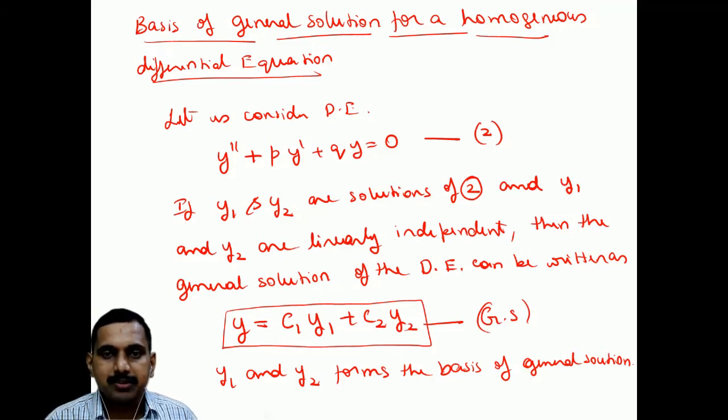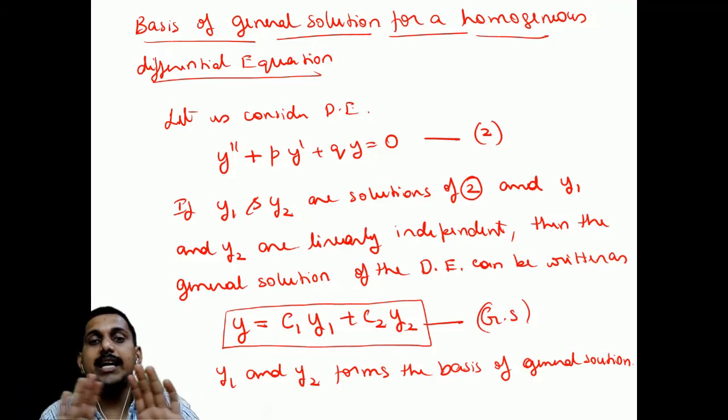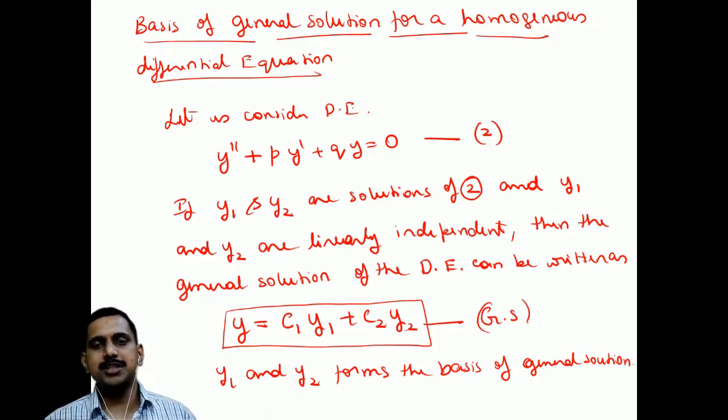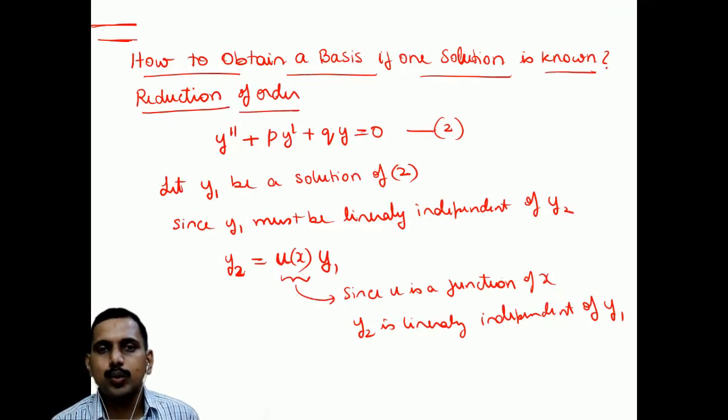To form a basis we need two linearly independent solutions, and their linear combination forms the general solution. These linearly independent solutions are called the basis of a general solution. Next, how to obtain a basis if one solution is known, and the method was reduction of order. We are going to do that now. Let us go further.